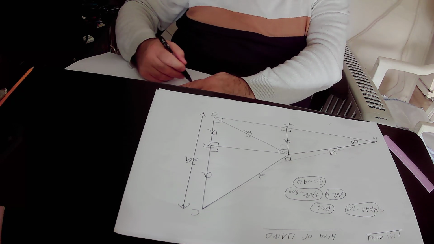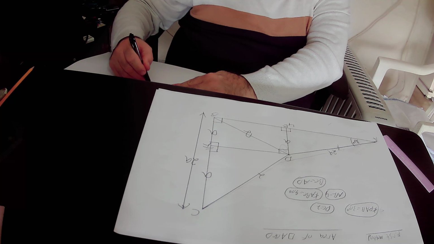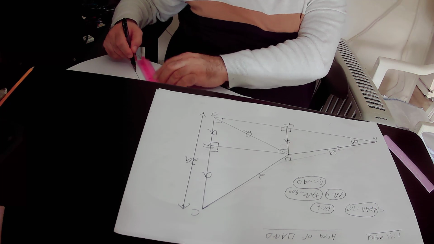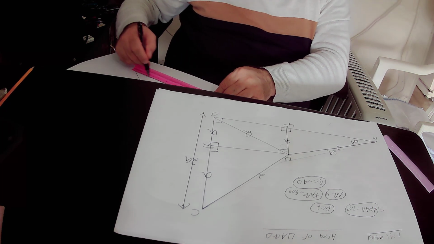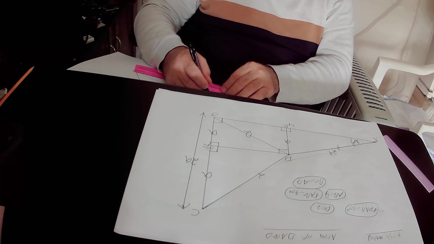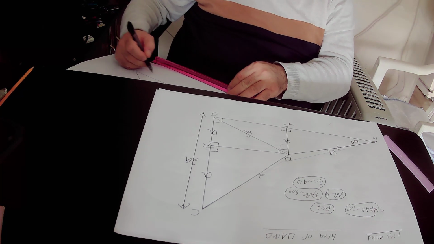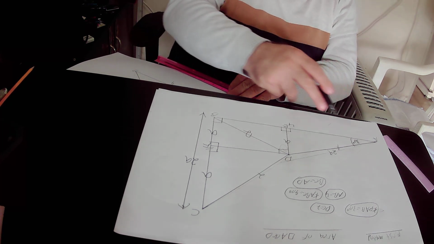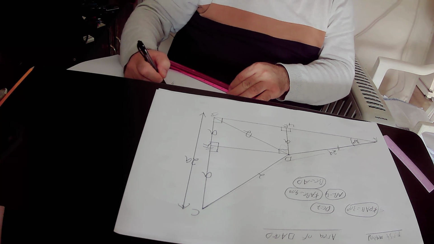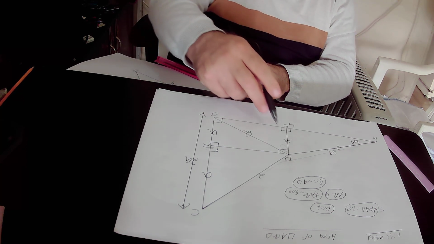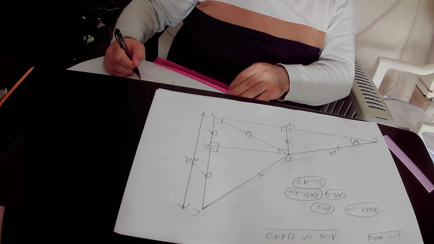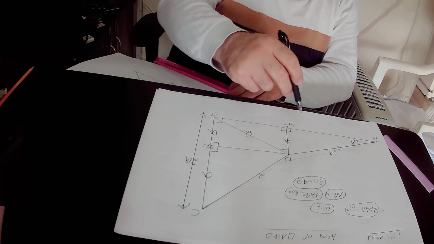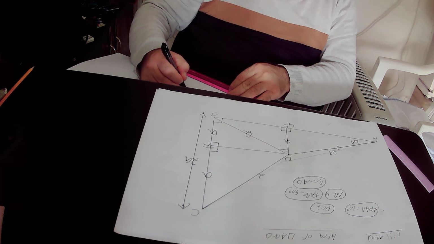So in triangle ADB, you know that AB equals to 4 units. It is given to us in the question. We found out that AD equals to 2A. And we also found out that DB equals to 2 units. Angle DAB equals to 30 degrees.